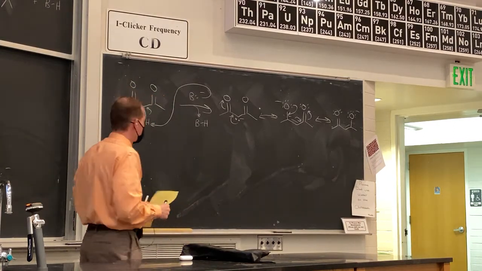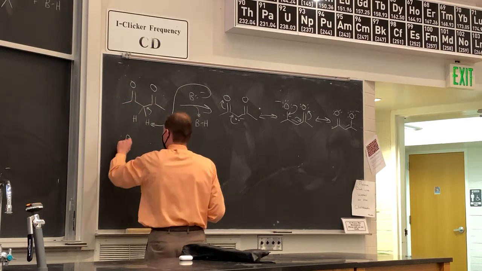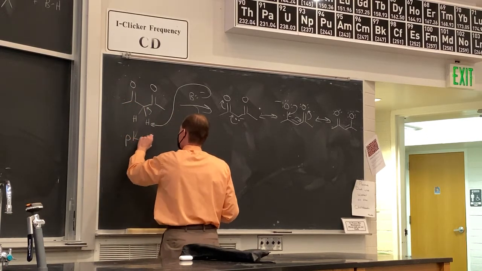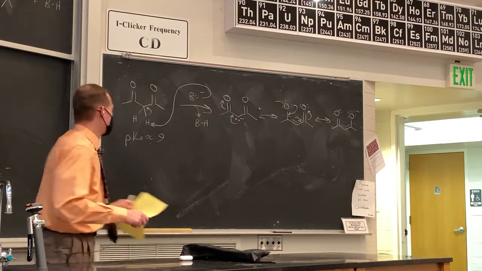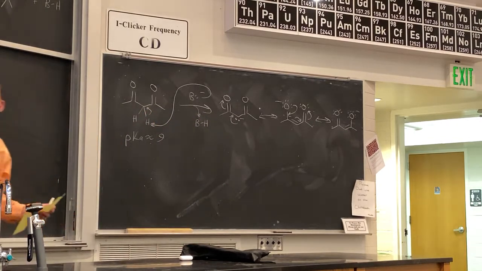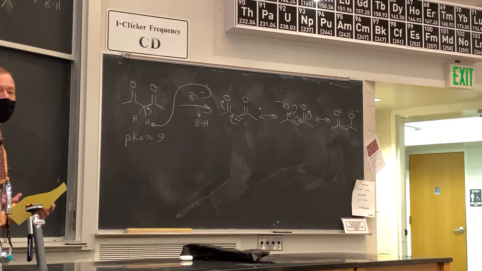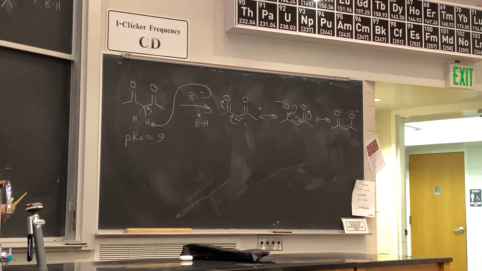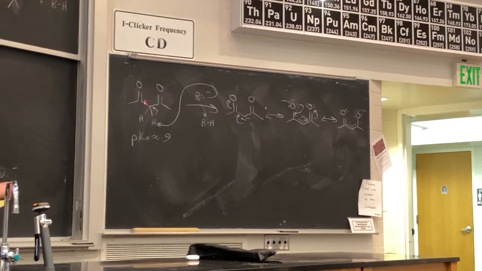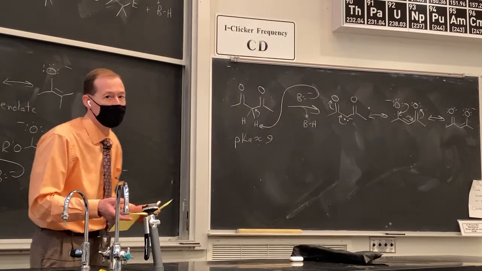So that makes the 1,3 diketone significantly more acidic than a normal ketone. The pKa is right around 9. Okay, about a 10 orders of magnitude increase in acidity over a normal ketone. So this is actually more acidic than ethanol.